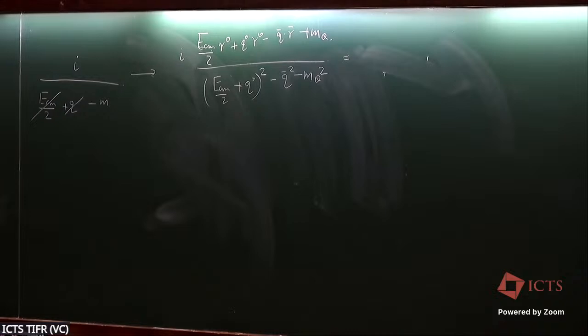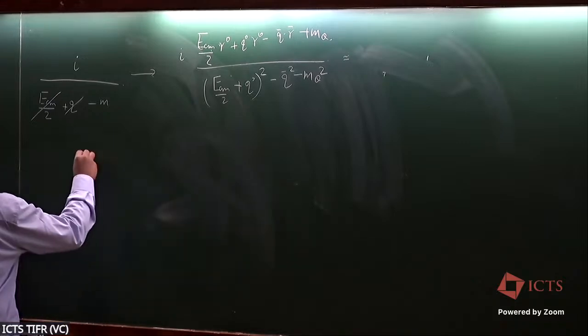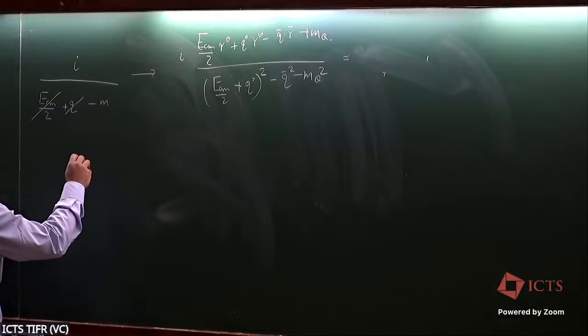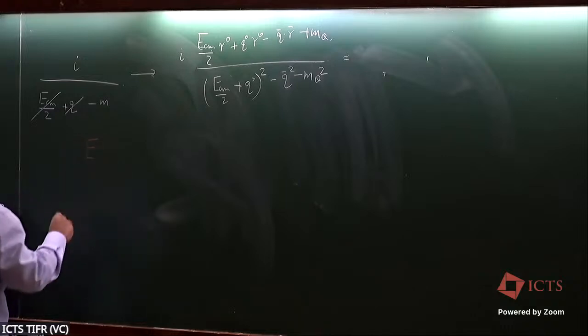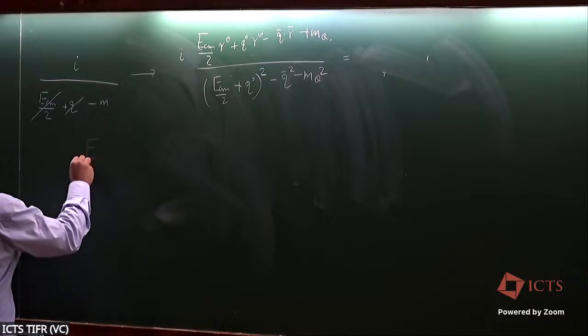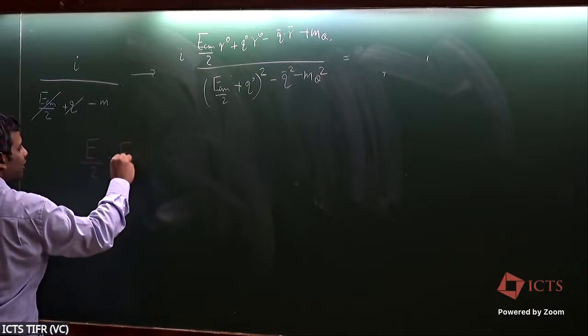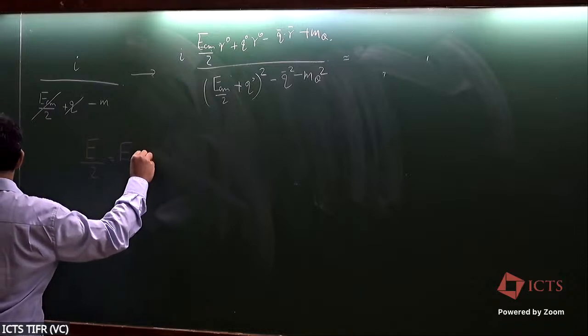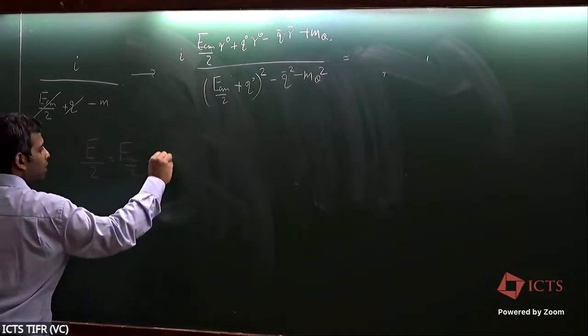Oh, I should have given one more thing. Sorry, I should have given one more thing. To make life simpler, just to give another hint, I would define an energy E which will subtract my 2mq factor: E is E center of mass by 2 minus mq.